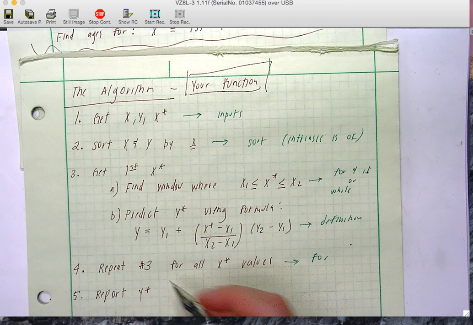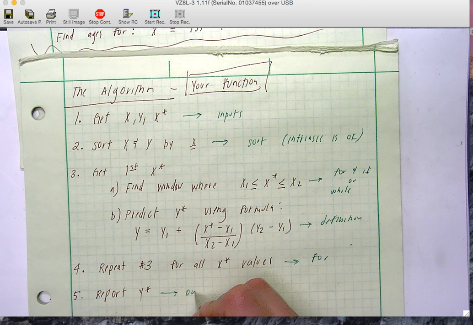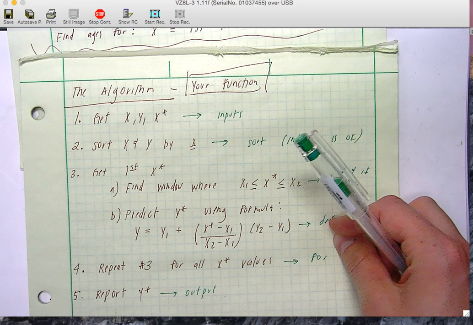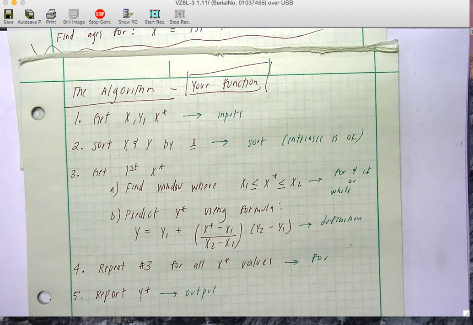So for a function, that's just going to be an output. So you can already kind of see the structure of the function. There's going to be 3 inputs, 1 output. There's going to be 2 for loops nested within each other with an if statement inside. And then the rest you have to figure out is the indexing and how that all works.